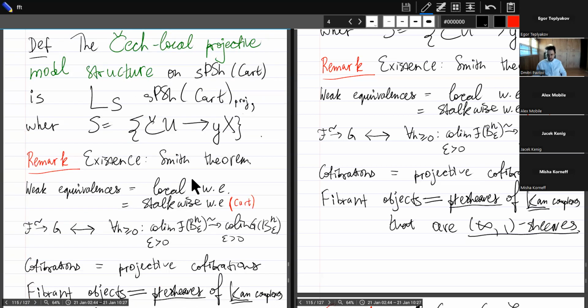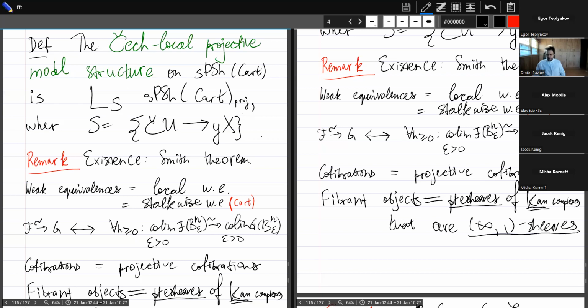But just to remind you, the Čech local model structure on simplicial presheaves is defined as the left Bousfield localization of the projective model structure.